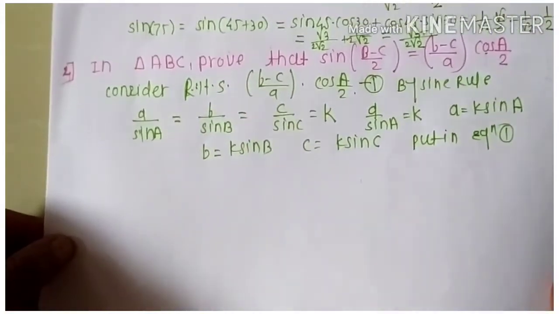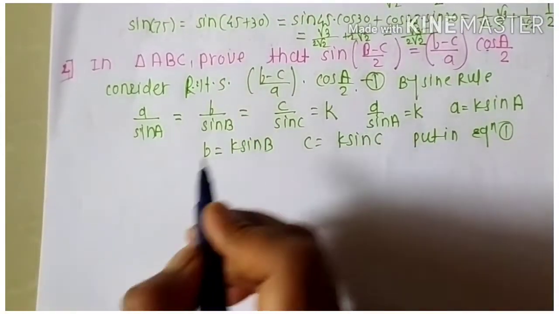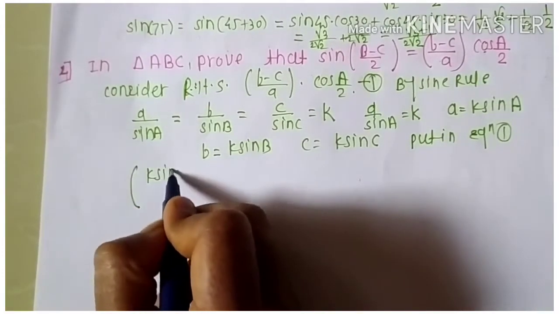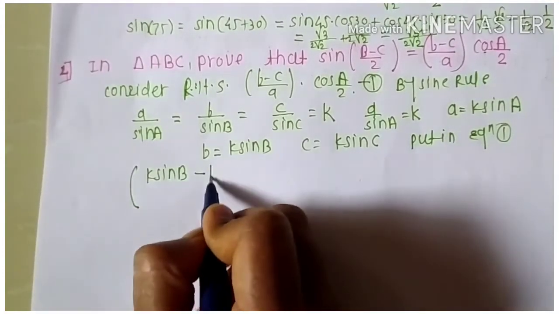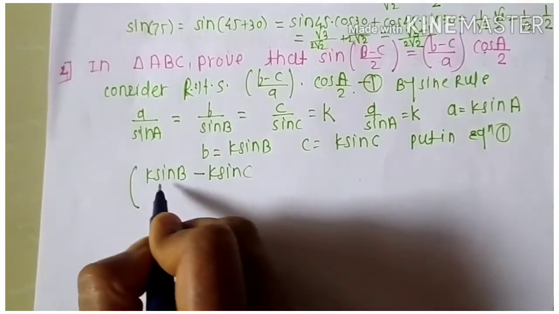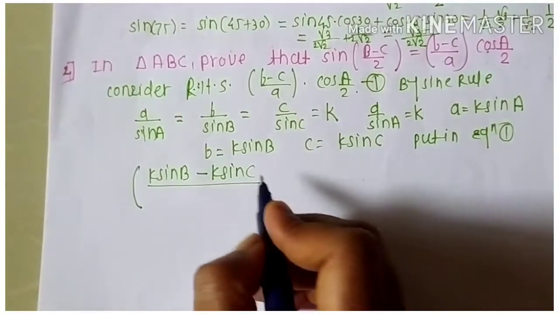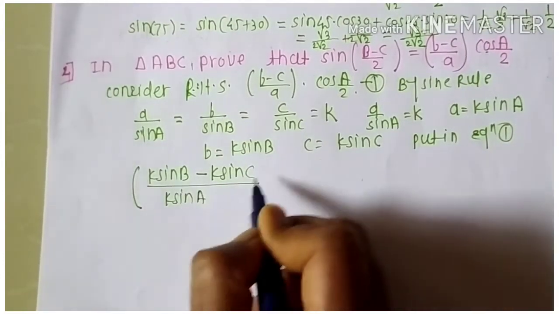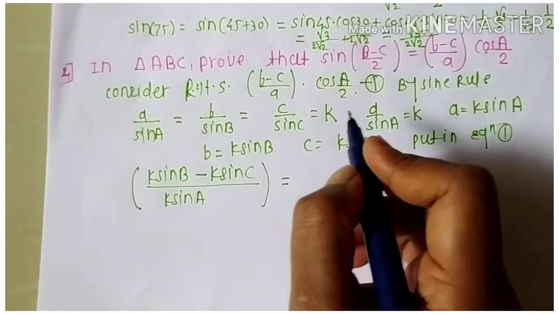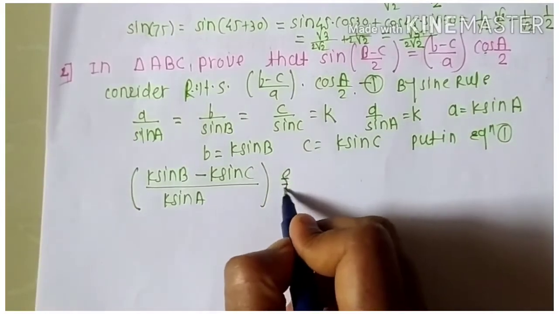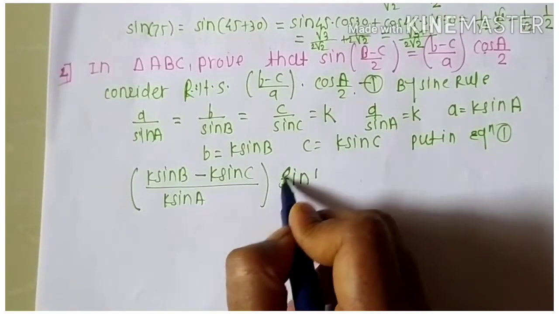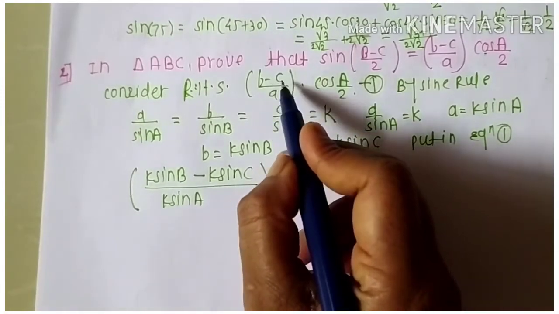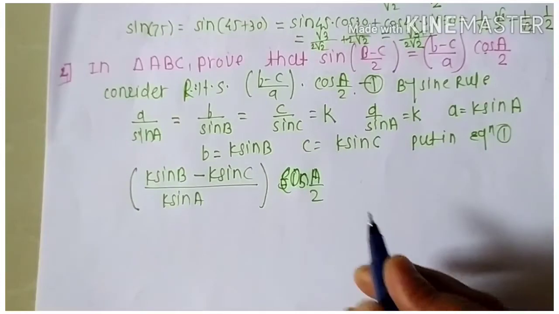Then B is K sine B, C is K sine C, divided by A, which is K sine A, into cos A by 2. We have substituted the a, b, c values here.